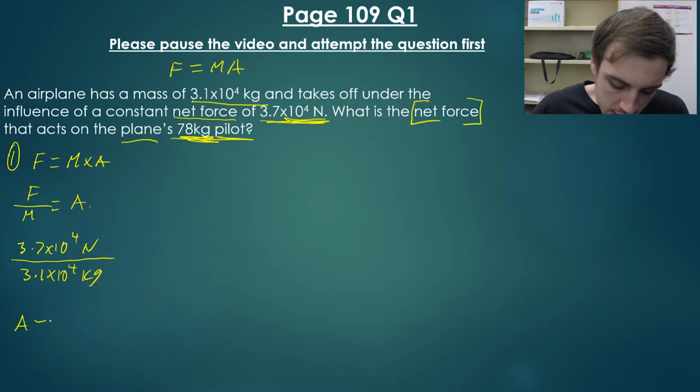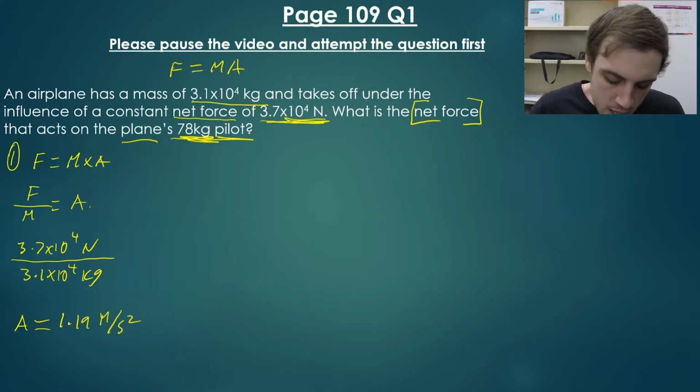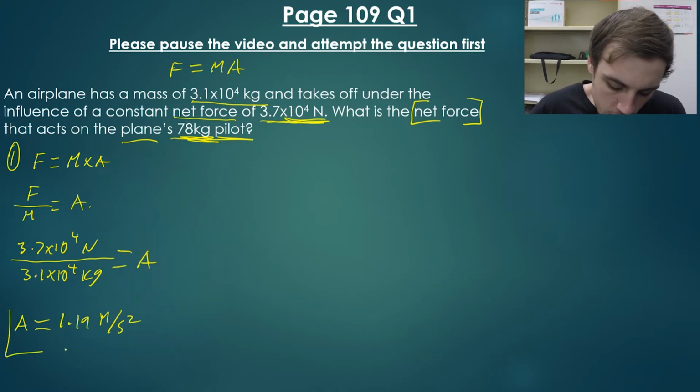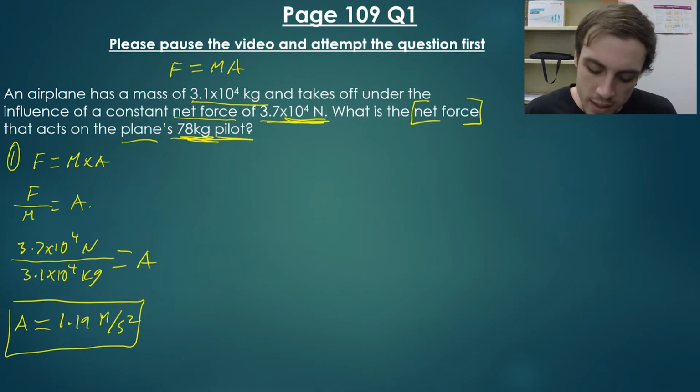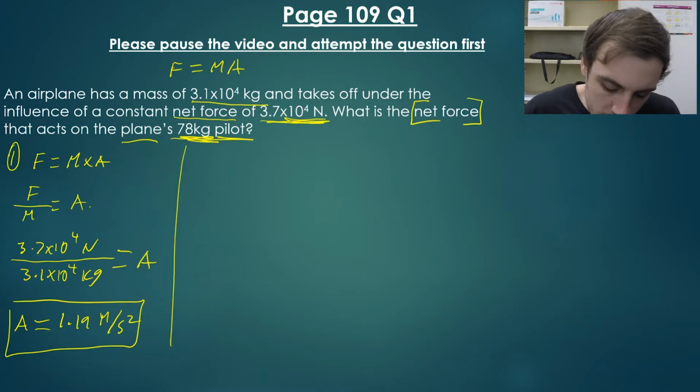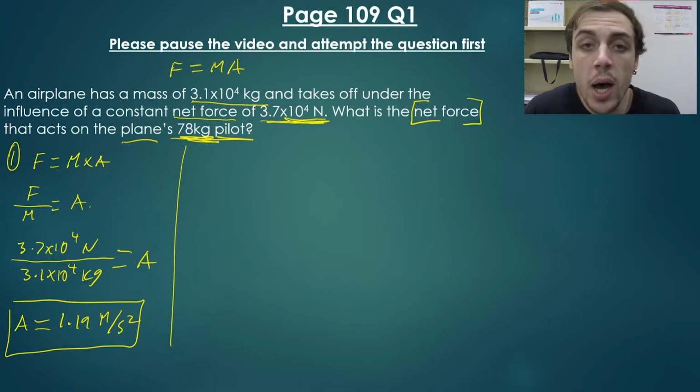This means the acceleration is going to be 1.19 meters per second squared by punching that into your calculator. So we know the acceleration for both the plane and the pilot is 1.19 meters per second squared. Now we can use this value to calculate the net force on the pilot.